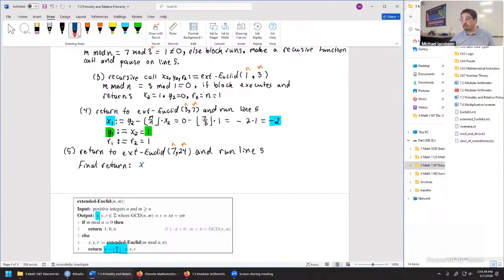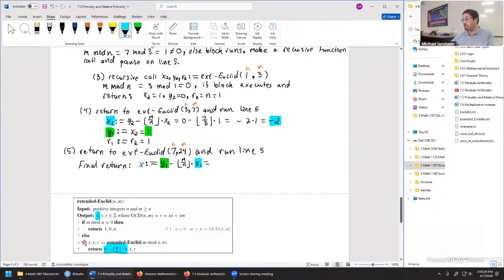X, our first return on the extended Euclid, will be defined to be equal to the same exact format here. We'll go this time y1 minus the floor of m divided by n times x1. So we cite what the values were for y1 and x1 on step 4.